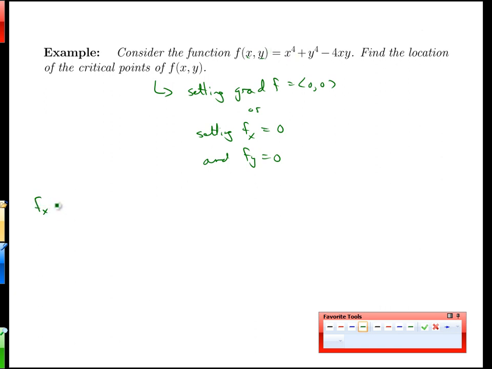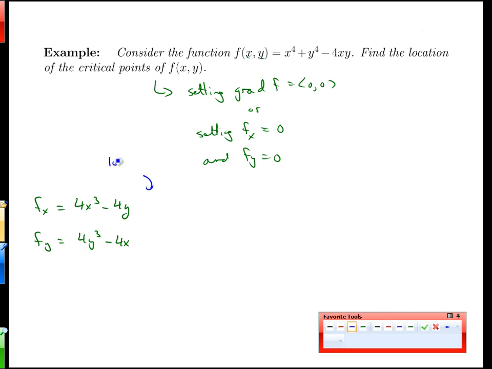From our function, the x derivative is 4x cubed minus 4y. The y derivative is 4y cubed minus 4x. And then remember, this is an action that we're doing. These derivatives are a simple property of the function. If I give you the function, these are the derivatives. What we're doing next, something that we're choosing to search for, is by setting these values equal to 0, we want to say, we would like to look for critical points.